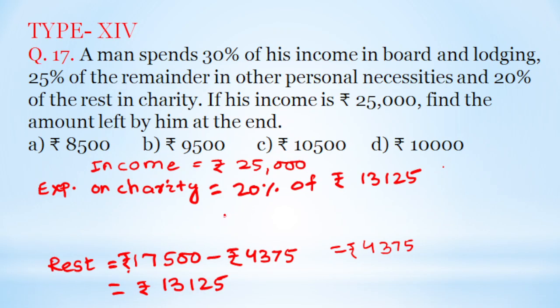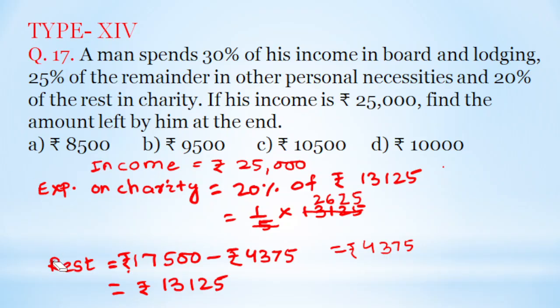So that is equal to 1 by 5 of 13,125. When this 13,125 is divided by 5, then it becomes 5 2s are 10, 5 6s are 30, 5 2s are 10, 5 5s are 25. That means 2,625.